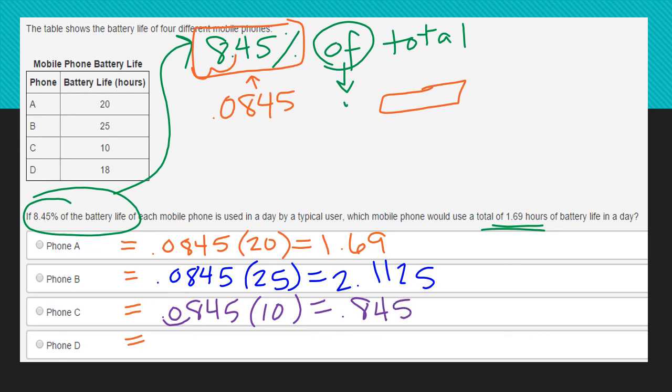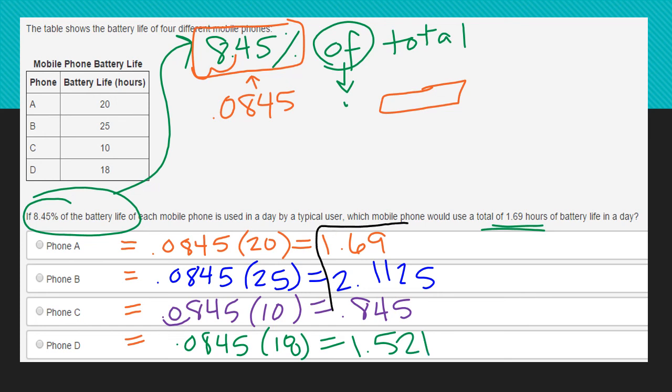Okay, and then our last one, 0.0845. Multiply that by your total of 18. And that's going to give us 0.0845 times 18, 1.521. All right, so it's important to know what you just found.